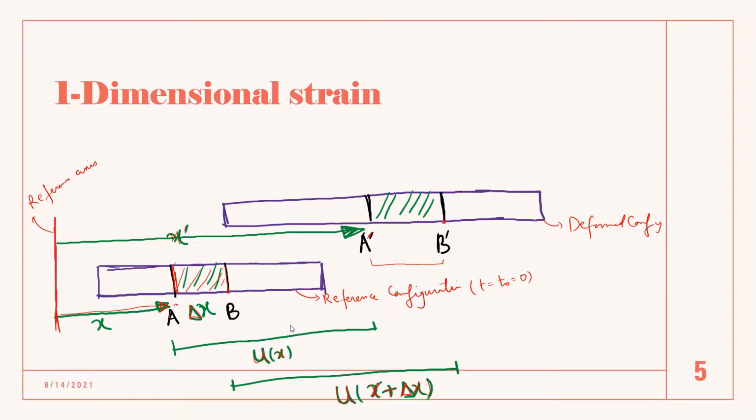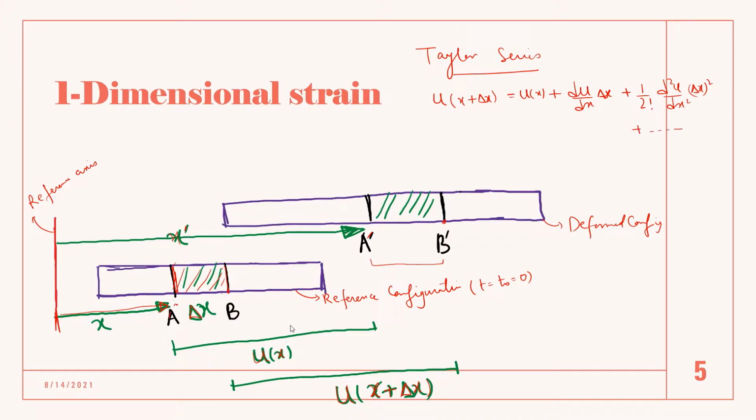So from Taylor series expansion, we know that any function u of x plus delta x can be written as u of x plus du by dx into delta x plus 1 by 2 factorial d2u by dx square into delta x whole square plus so on.